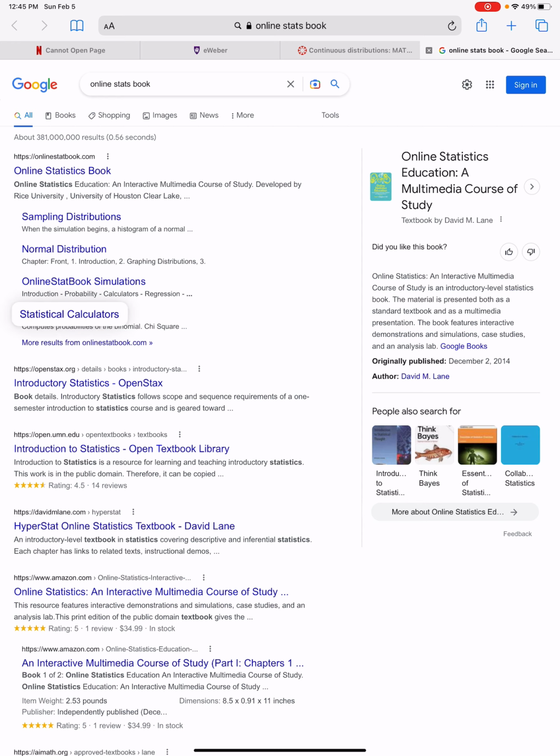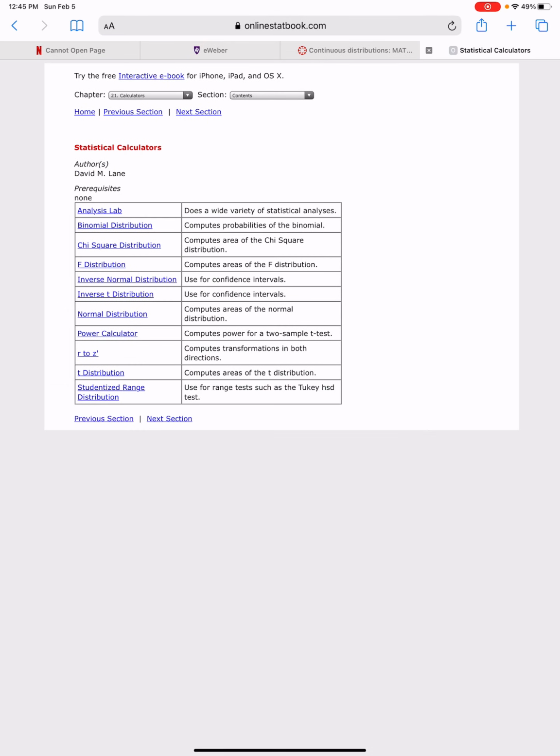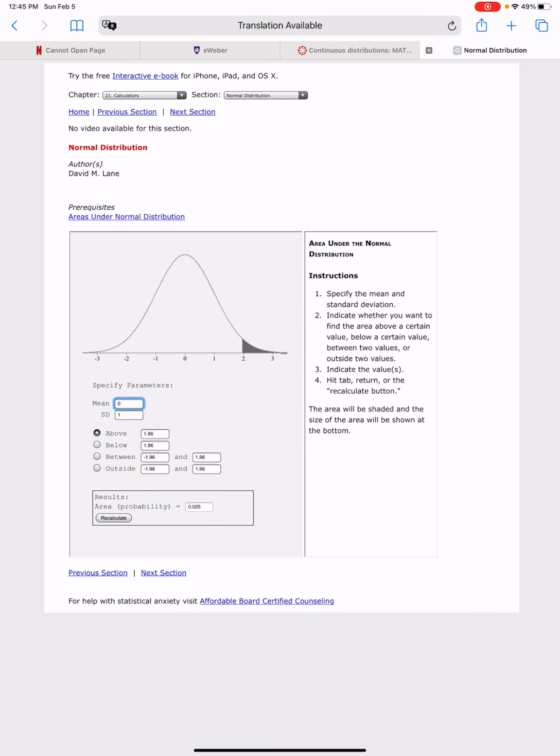So right here, that's what we're going to do. Let's open that. That takes us to a list of tables. We've seen the binomial distribution, but the one that we're interested in is the normal distribution. So we'll click on that.